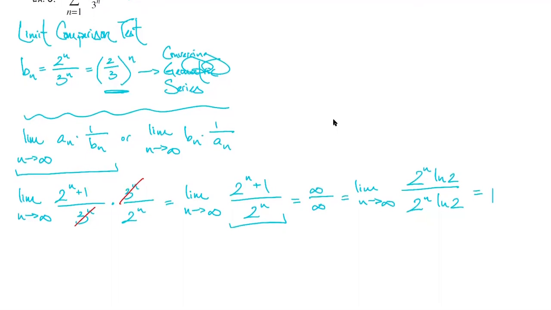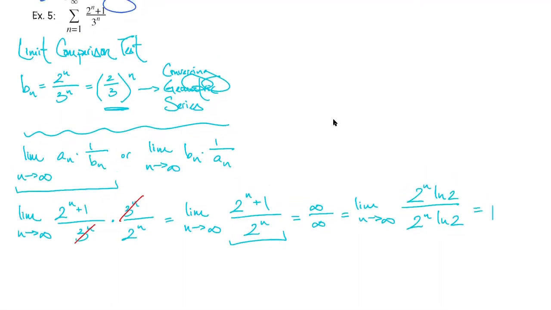Now we get 1 out, but numbers as an answer mean a lot of different things depending on our given test. So in the context of the limit comparison test, what does this 1 mean? I think it means it converges. So if we have our limit comparison test, both series converge.